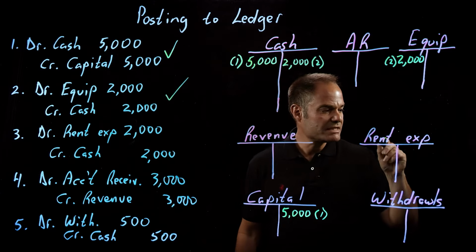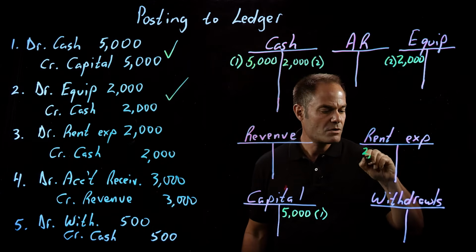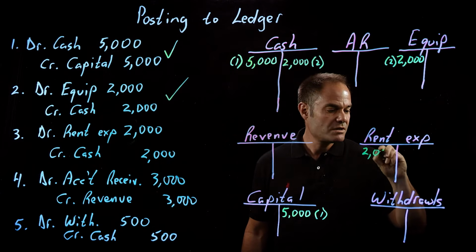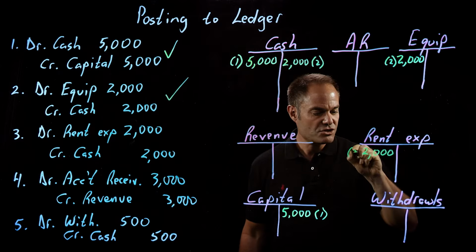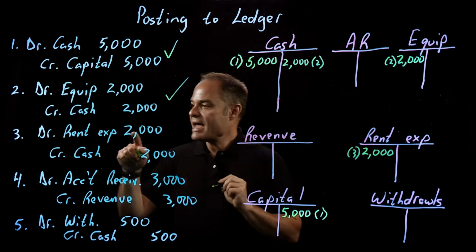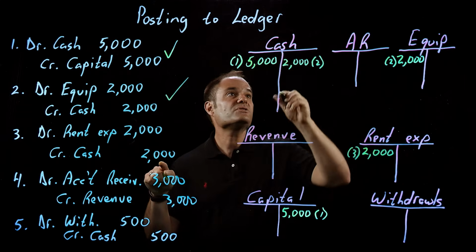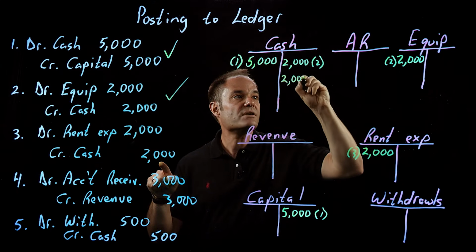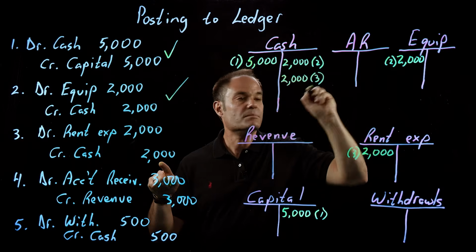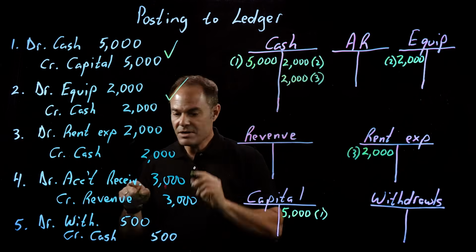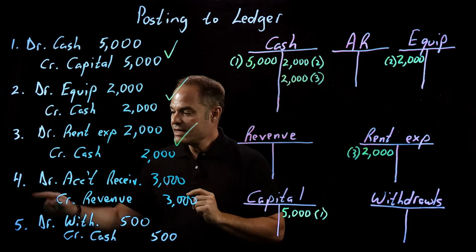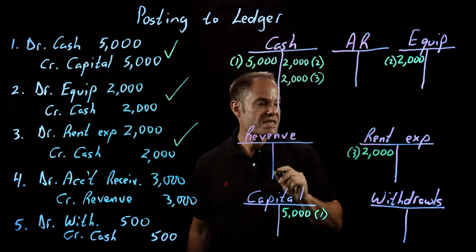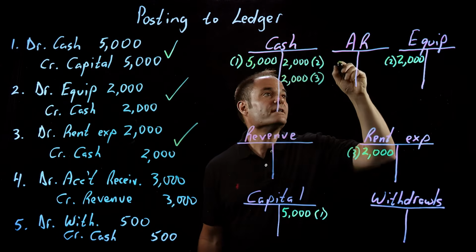So we'll find our rent expense account, $2,000. And that's transaction 3. And credit cash, $2,000. So again, on the right-hand side, 2,000. That's a number 3. Debit, check it off. Debit accounts receivable, $3,000. So it's over here.